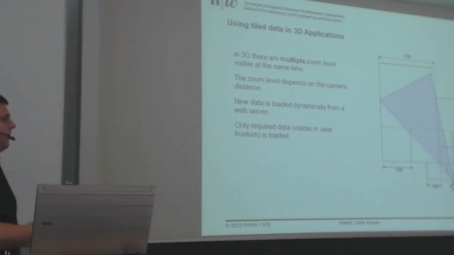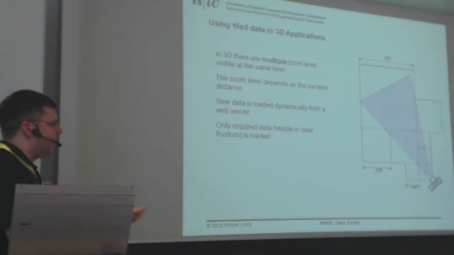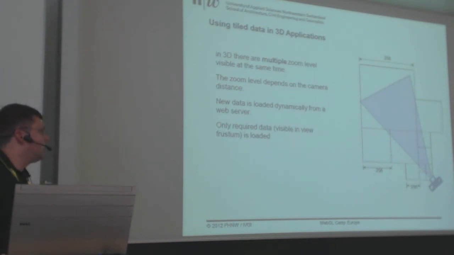Of course, tiles near the camera are loaded in a higher resolution, and tiles far away are loaded in a much coarser resolution. And of course, only the currently visible tiles are loaded. We do so-called frustum culling.